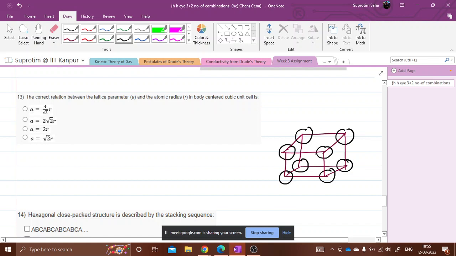In the middle there will be another atom. Although I'm drawing it with a different color, don't consider it a different atom, they are the same atom and they are touching, right?